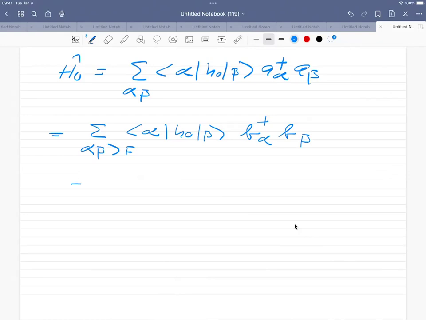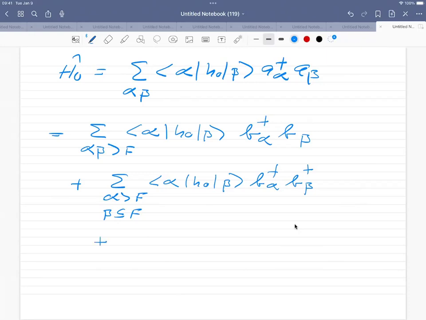And then I will have a new sum where I have alpha larger than F, and then I have beta less than little f. So that's one possible contribution. And then I have alpha H0 of beta, and then I get B beta alpha. But since beta is now less or equal to f, then this becomes a creation operator.